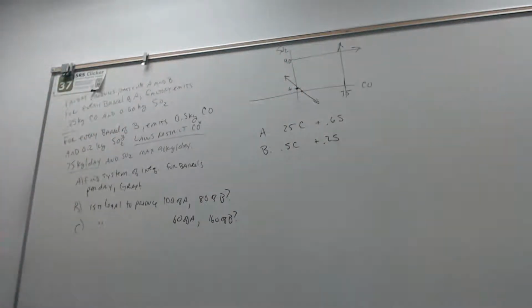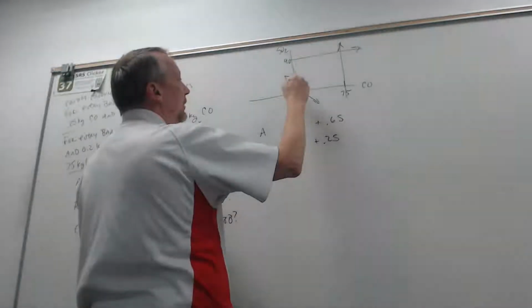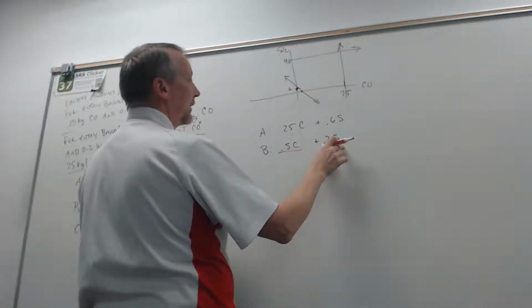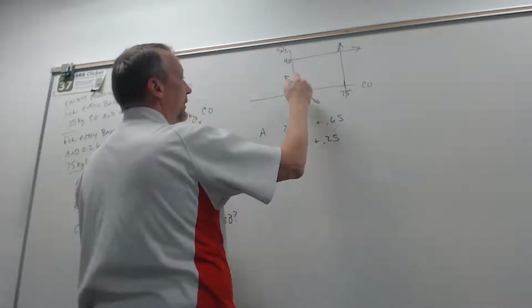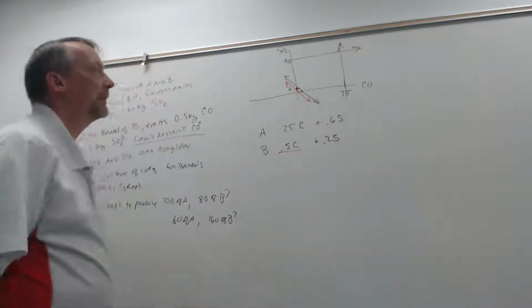I should have done this in a different color, that's all right. This one is 0.5C, which is going to be slightly less, and this is 0.2S, which is also slightly less. Those are not parallel, but pretend they are.